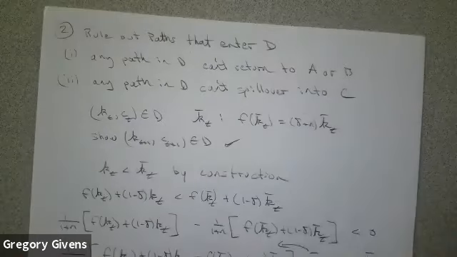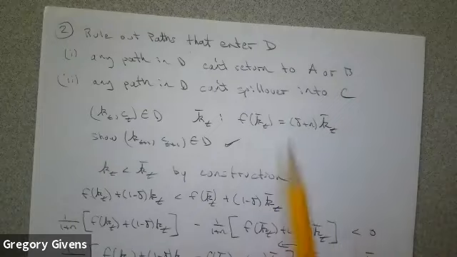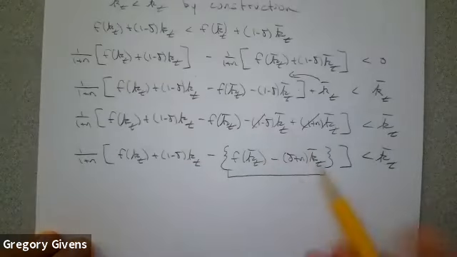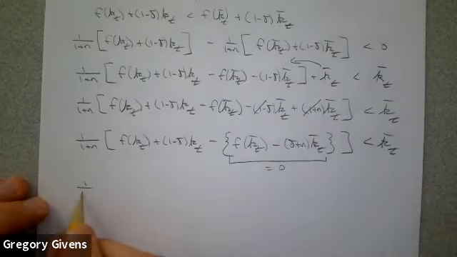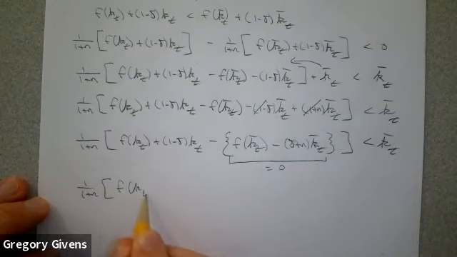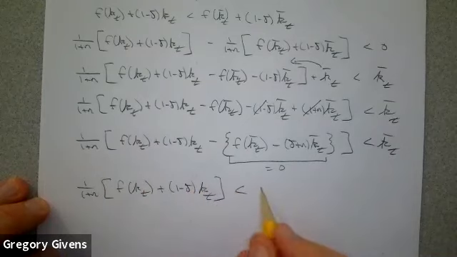K_{t+1}. F of k bar is equal to delta plus n k bar by construction. So this is equal to 0. So 1 over 1 plus n times f of k_t plus 1 minus delta k_t has to be less than k bar t.